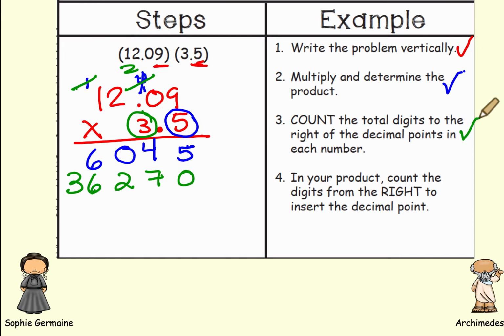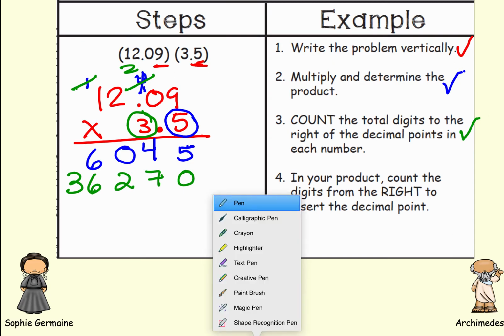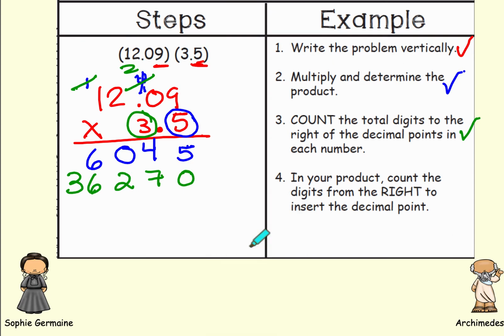The first thing I do is count all the digits that are exactly to the right of the decimal points in each number. Here and here are the digits that are after the decimal point. How many do I have? If I count the total, I have 3 digits to the right of the decimal point.